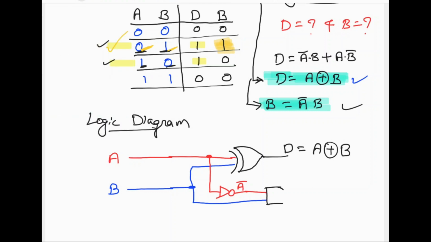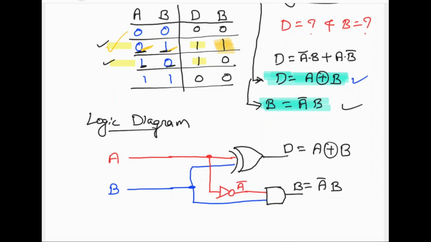So this is A bar multiplied by B. That's why I have used AND gate. AND gate will multiply the inputs, A bar B, or we can write it as the borrow, that is B, is equal to A bar B. So this is the logic diagram.